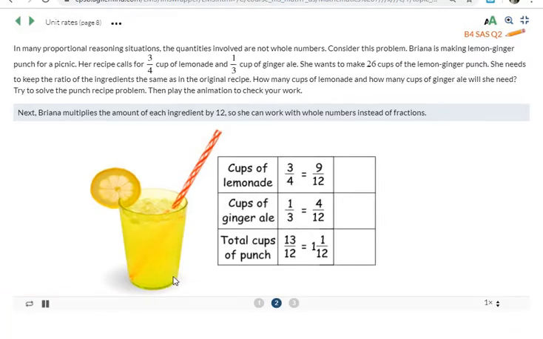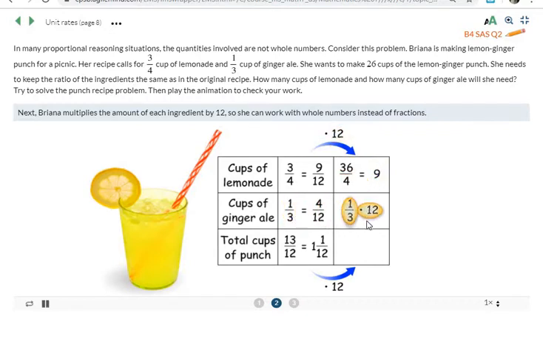She's multiplying this times 12 to see where that gets her. She gets that, turns to 36 over 4, which reduces to 9. She multiplies that times 12, a scale factor of 12, and gets 12 over 3, which simplifies to 4.